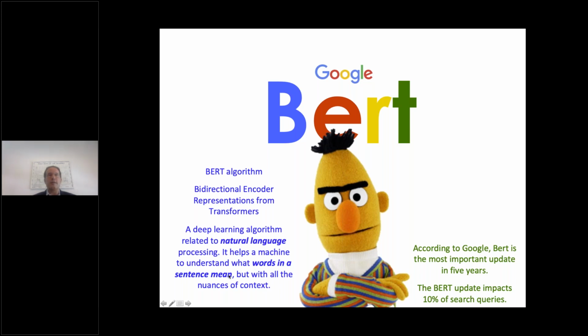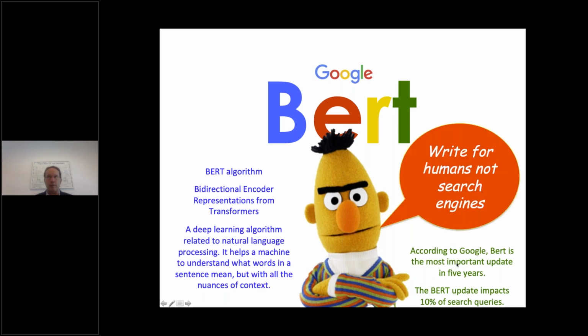Basically, what words in a sentence mean with nuances of content. So like we talked about earlier, the word TEN and the number 10, Google was building intelligence in that. Now Google's building even deeper understanding of NLP, or natural language processing. According to Google, BERT is the most significant update in 5 years, and it's impacting 10% of search queries.